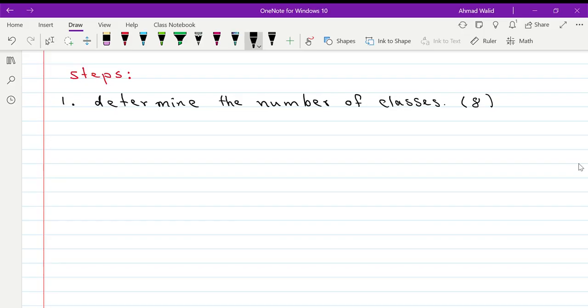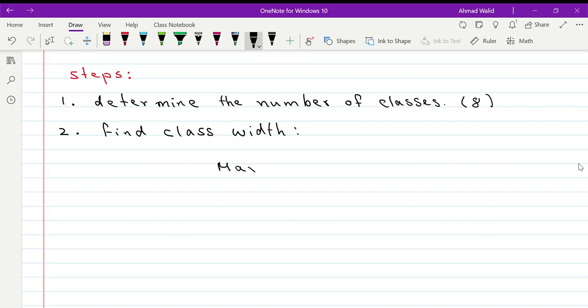After you determine this, your step 2 is find the class width. And you already know the definition. What is class width? Find class width. A very simple formula how you can find the class width. You take your maximum value or the largest value.